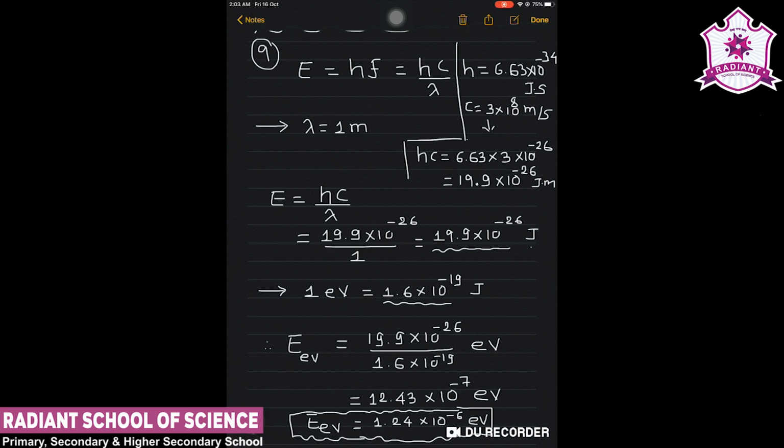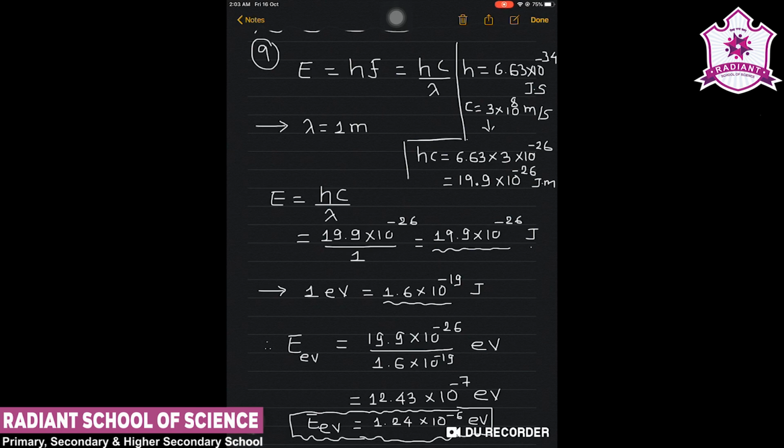Now we know that the wavelength of the different spectrum parts has different values, and it varies from 10 raised to minus 15 meter to 10 raised to 3 meter, and therefore we can replace the value of lambda, from 10 raised to minus 15 meter to 10 raised to 3 meter, and get different values of electron volt energy.